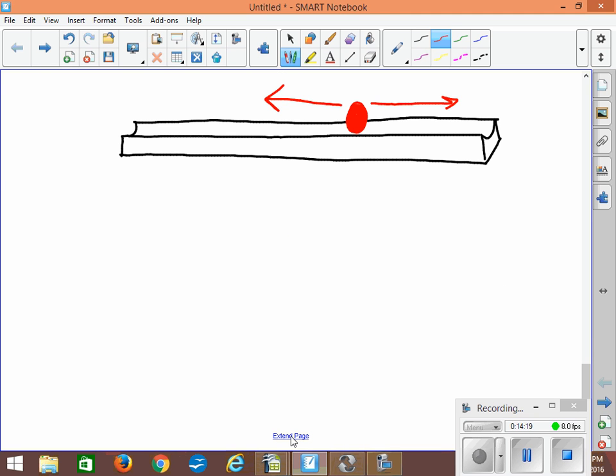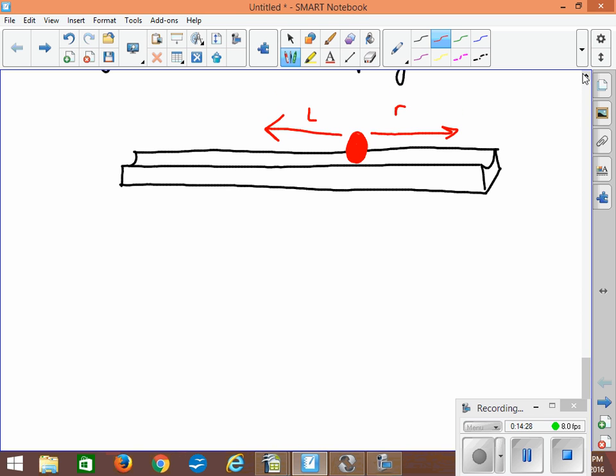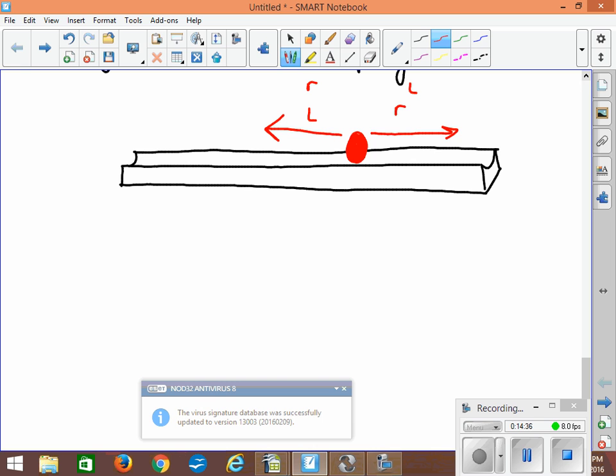So if you were looking at this ball and you were standing on the side that you're on, you would say that this side is right and this side is left. But if you were standing on the other side of the ball, looking out towards where you are now, you would say this is right and this is left. So you would have two different perspectives. And of course, in order to discuss something, everybody has to agree.